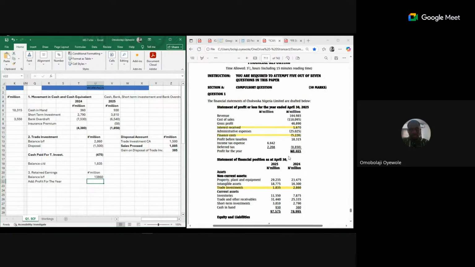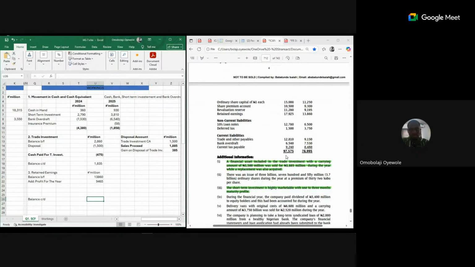That's 9,465. So let's bring down our closing balance. Balance carried down on the retained earnings is 17,925.